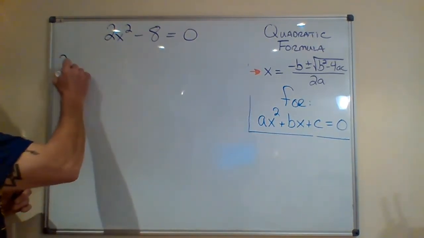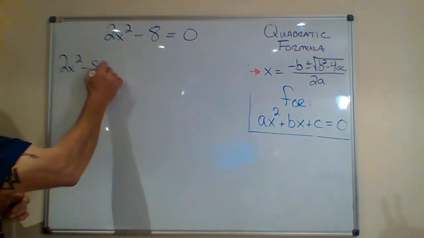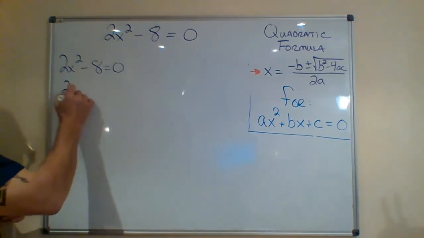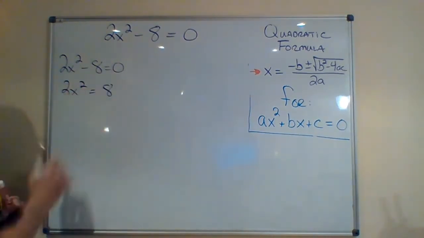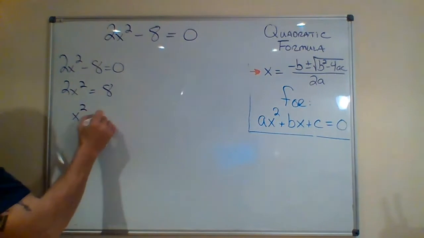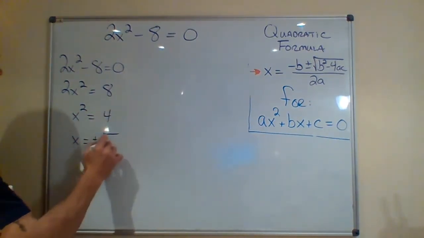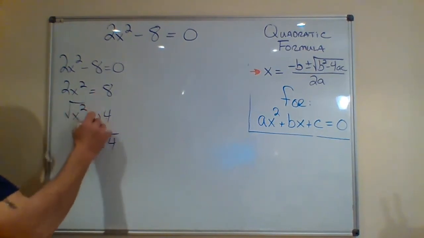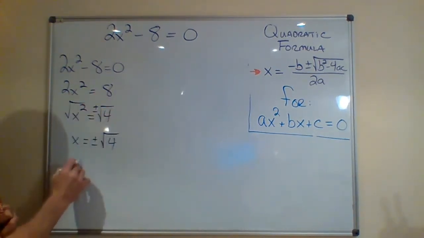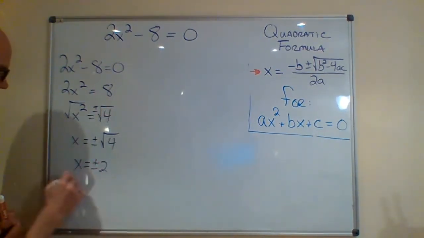So we have 2x squared minus 8 equals 0. You could simply add 8 to both sides and divide by 2. I wind up with x equals plus or minus the square root of 4 after I square root both sides. And I wind up with x equals positive or negative 2.